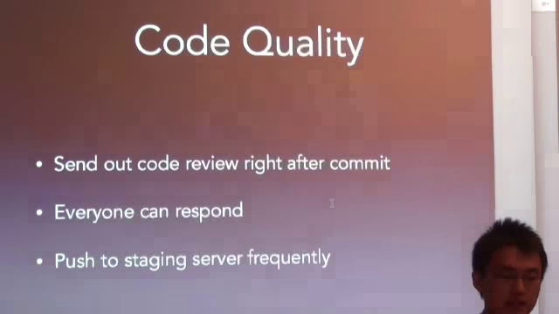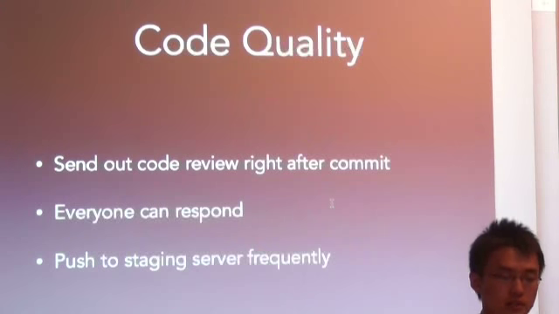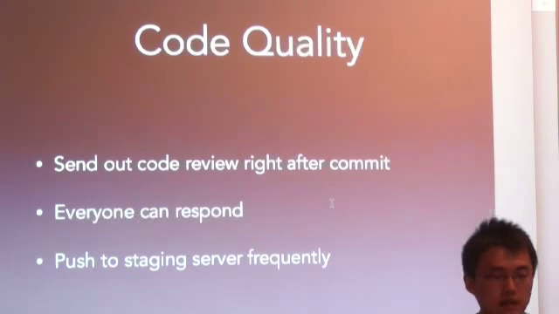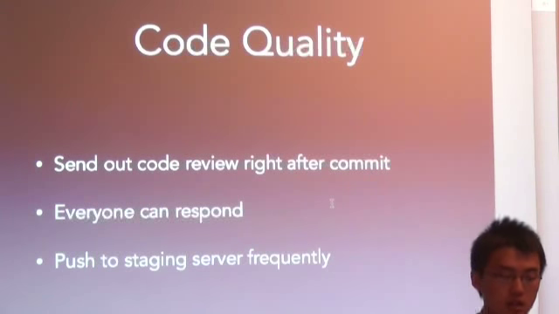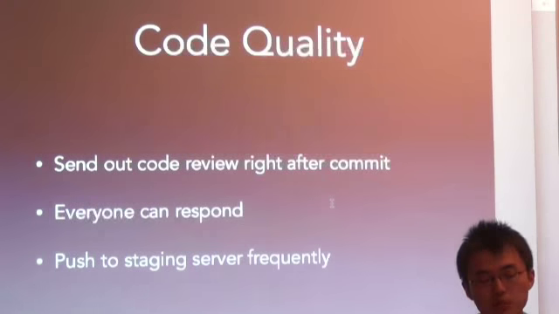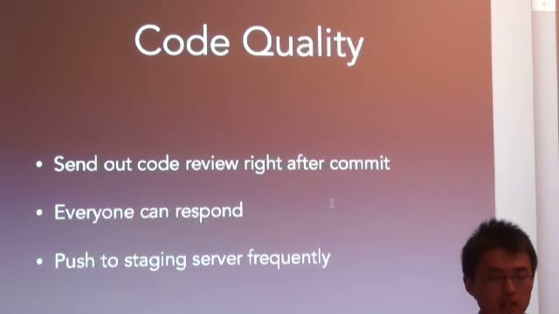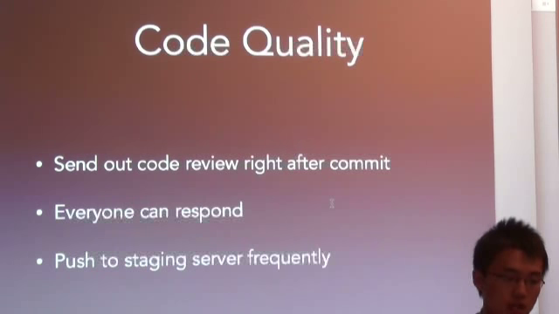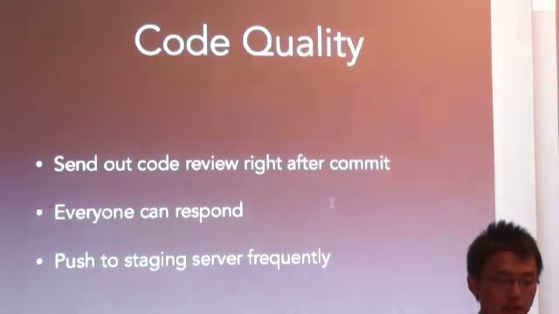Code quality is also a very important issue in our project, because the code is going to be deployed to the production environment, and it will go live when our project finishes. It's a really important piece of code because the whole SDK depends on the subscription module. If it gets it wrong, then the whole SDK toolchain will not go through. So in order to improve our code quality, we do a couple of things. First, we send out code reviews right after each commit.